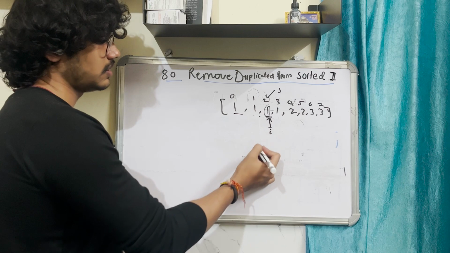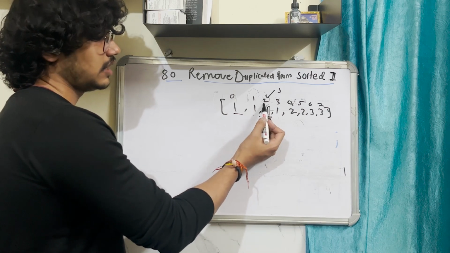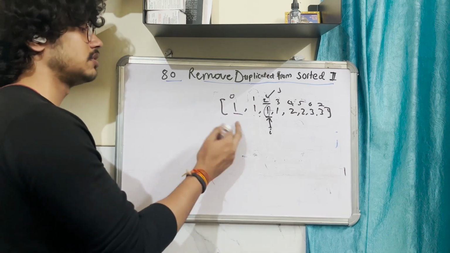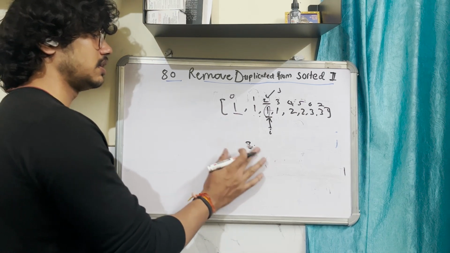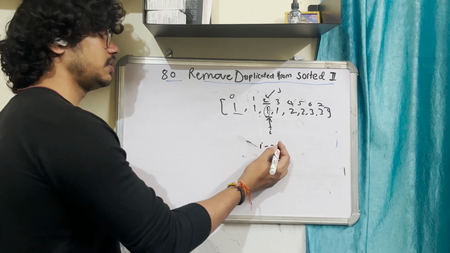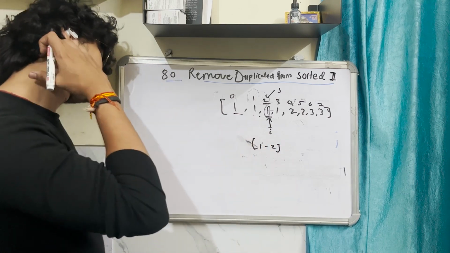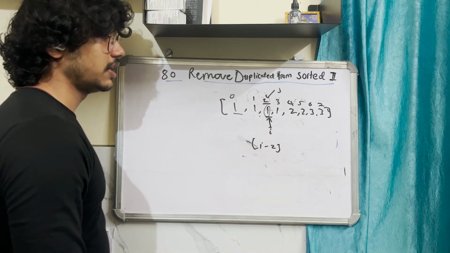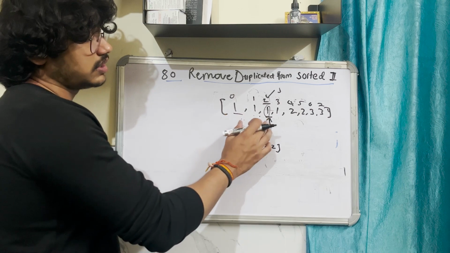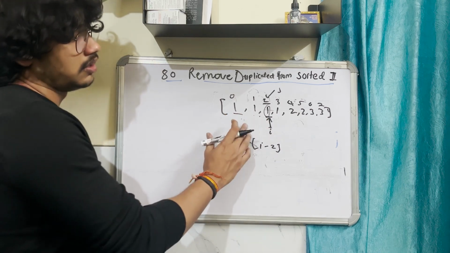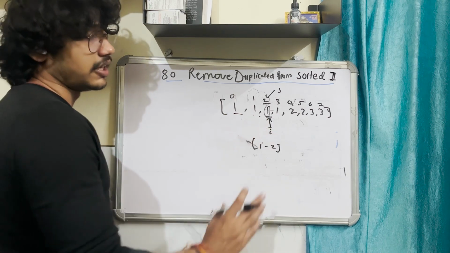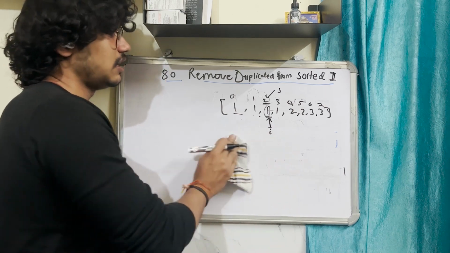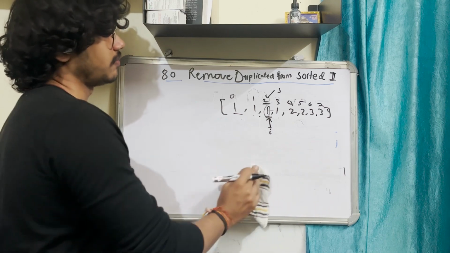For example, at the second index, what if at index 0, before the I minus 2 index, we found the same element? If we found the same element, then this element is repeated, so we have to switch this element. We want some new element in this position.